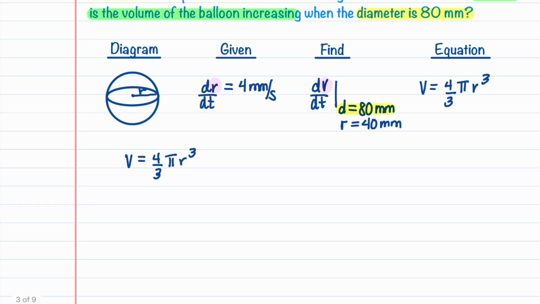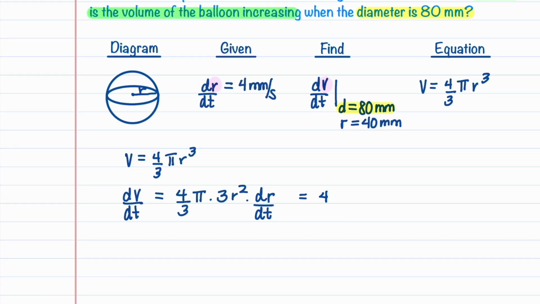Now we're going to take the derivative with respect to time of both sides. So we have dV/dt is equal to 4/3 pi times 3r squared times dr/dt. So this is just 4 pi r squared times dr/dt.